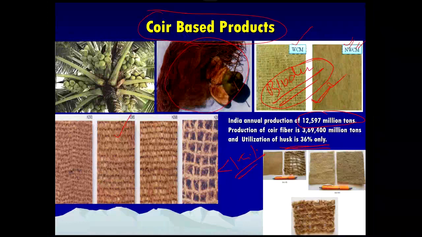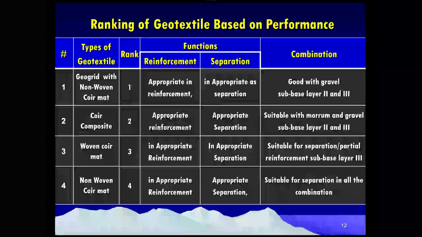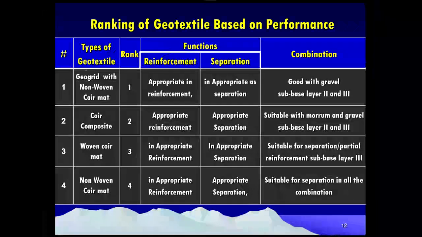in rural roads also. So for all these materials, geogrid, coir composite, woven coir mat, non-woven coir mat, I was trying to rank where they can be used. Geogrid with a non-woven coir mat is appropriate where the function is reinforcement or separation, and it is good with a gravel subbase layer 1 and layer 3, gradation 3.